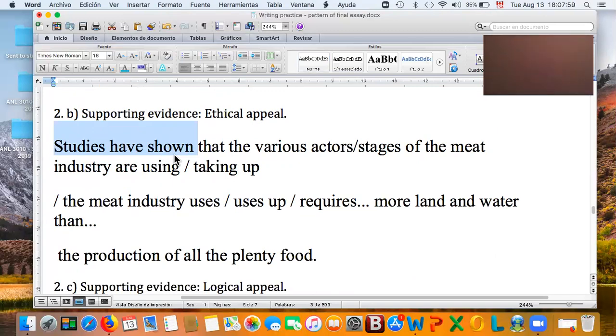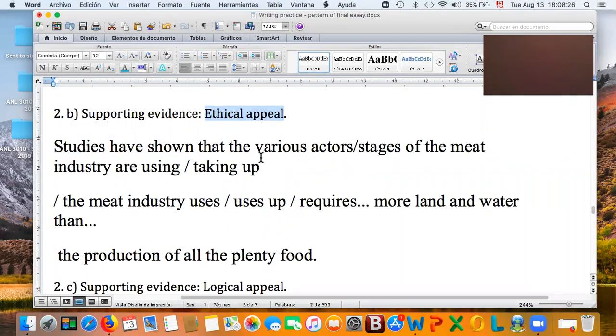To do that, you refer to people or organizations or studies or vast bodies of popular knowledge which people already respect. And some of that respectability will trickle down to you. And you will gain in credibility because you're appealing to ethos.